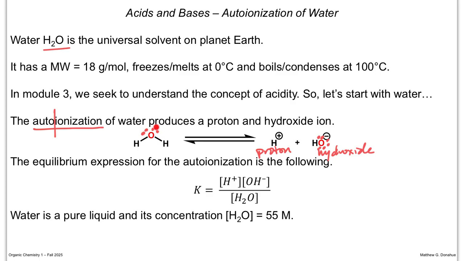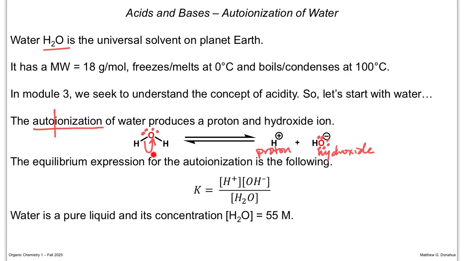This oxygen has 2 lone pairs. It needs a third one. So if we were to show how the electrons move, we would say from this sigma bond, the shared electrons in that OH go onto oxygen.